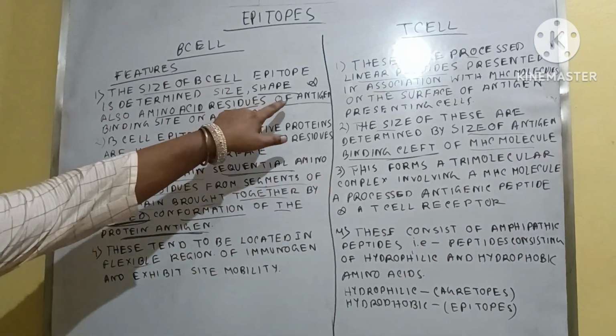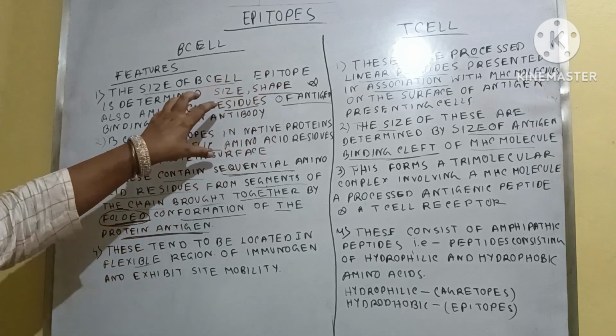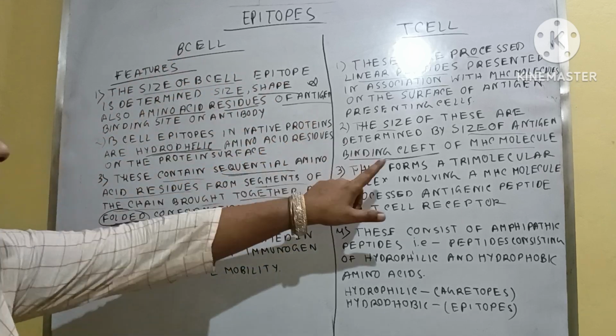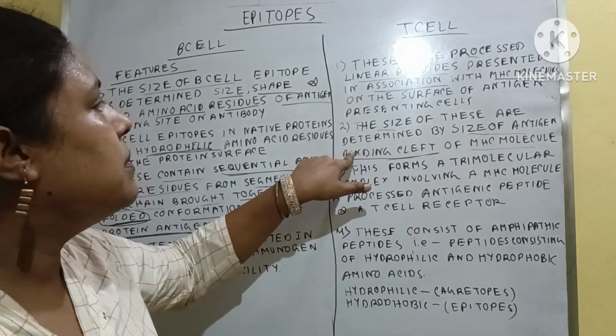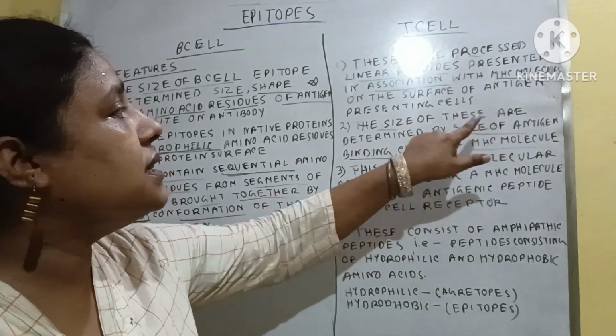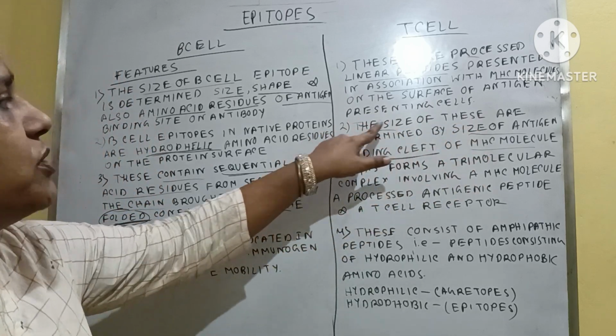For B cells, the size of the antigen, amino acid residues or shape reveals the size of the epitope, but here the binding cleft of the MHC molecule reveals the size of the epitope.